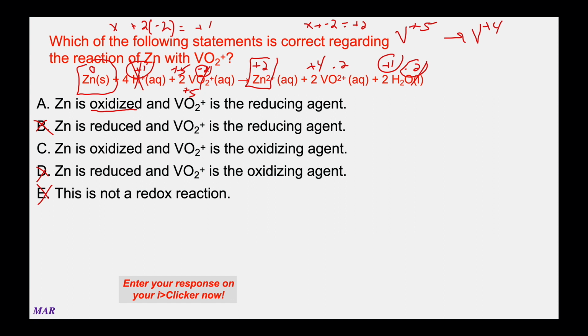So we're going to hope that this vanadium is a reduction. Vanadium is becoming less positive, or vanadium +5 is gaining an electron to become vanadium +4. So vanadium +5 here is being reduced. Zinc has been oxidized and vanadium here has been reduced.